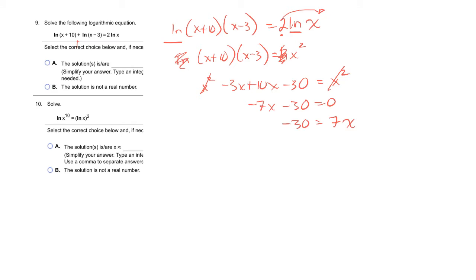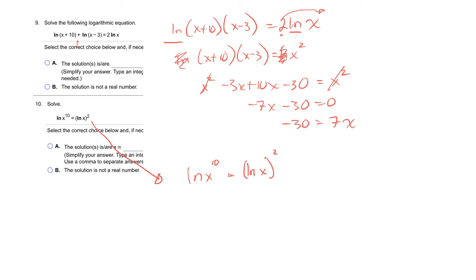Okay, this last one. So I have ln of x to the 10th is equal to ln of x squared. I don't know, there's probably a few ways to do this question.